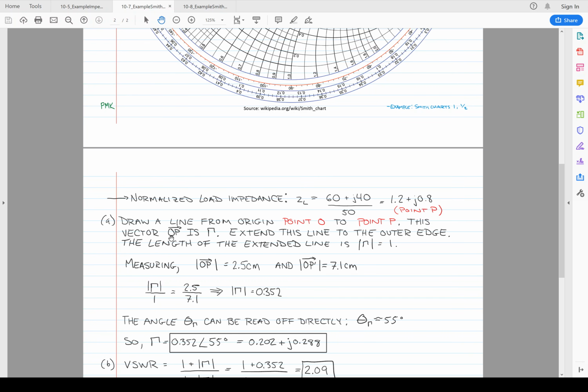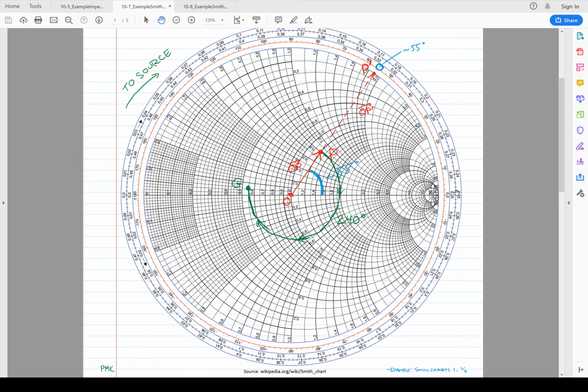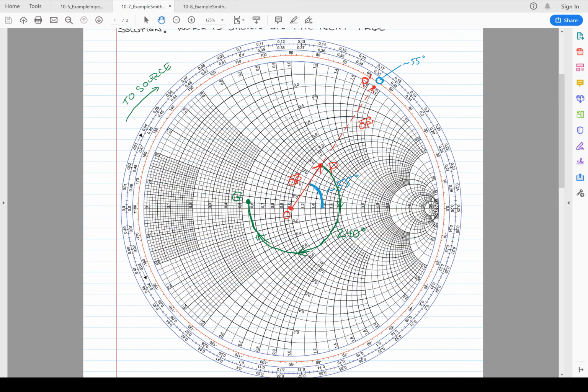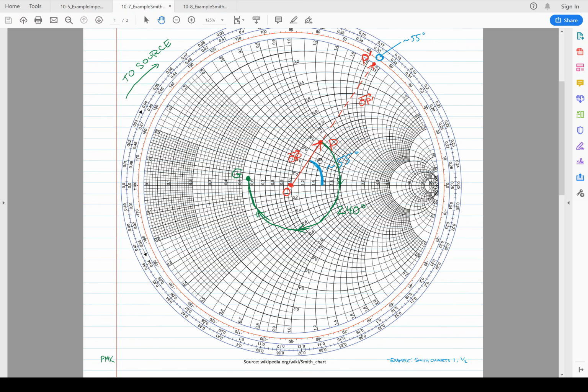I've drawn those lines, and what you have to understand here is that this is a scaled version. I can zoom in and zoom out, so your measurements are going to be different than my measurements depending on how much you've zoomed, and if you've downloaded the Smith chart, what your resolution was. When I did this by hand, I measured from O to P prime.